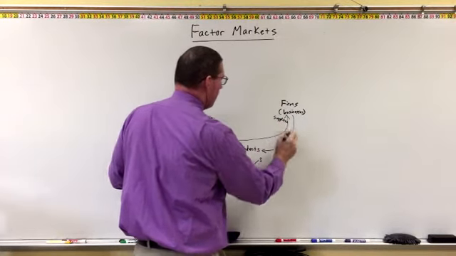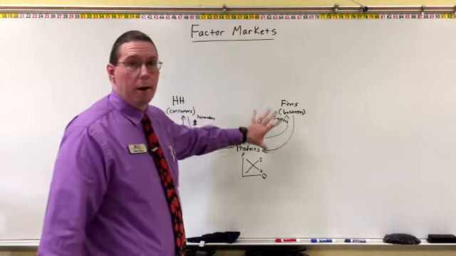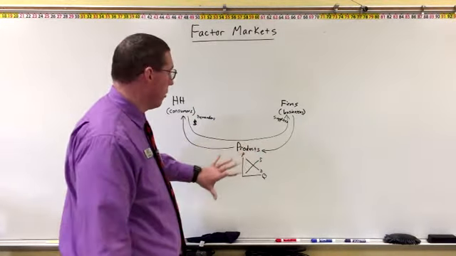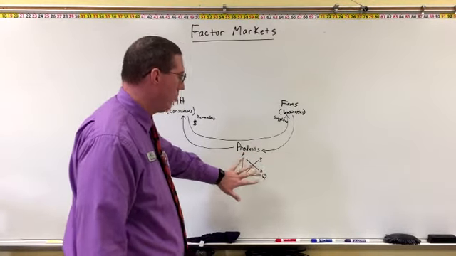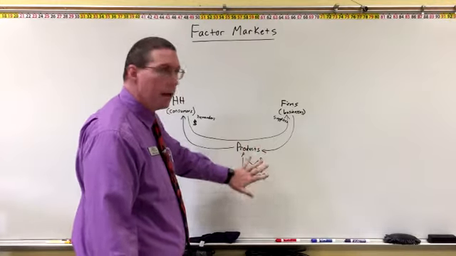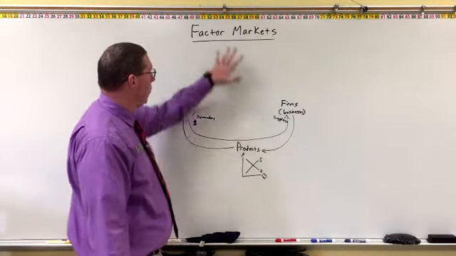This is what we have talked about up to this point: product markets, elasticity of supply and demand, and the determinants of supply and demand in product markets. What we're now going to do is talk about factor markets.